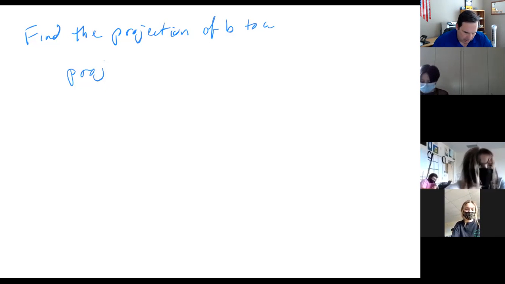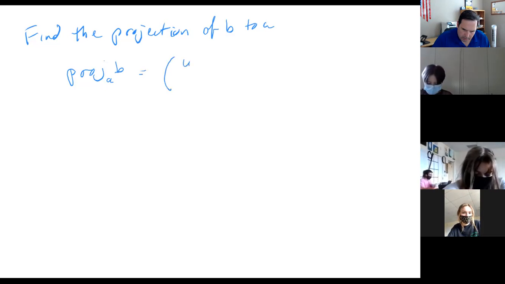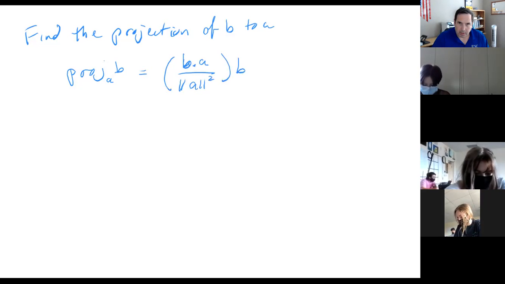This is the projection of U onto V. So the A goes there and the B goes here, and this would be B dot A over the magnitude of A squared times the vector B. I'm hoping I'm reading this correctly with the terminology they put.